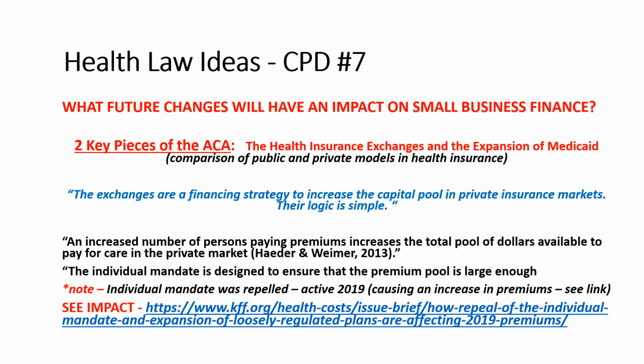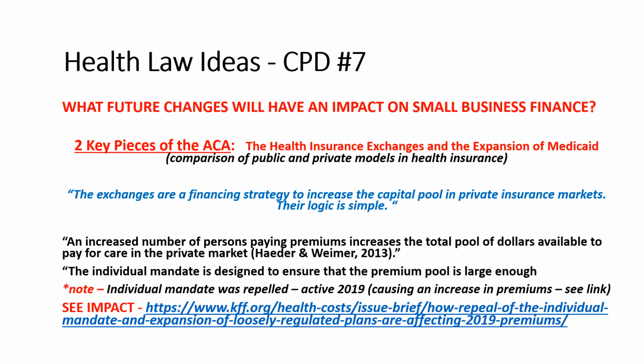The idea here was that by having the mandate to get insurance, we would increase the number of people paying premiums, which would obviously increase the amount of dollars in the pool for insurance to take care of more people and actually lower the cost.